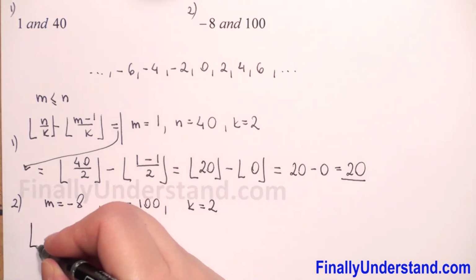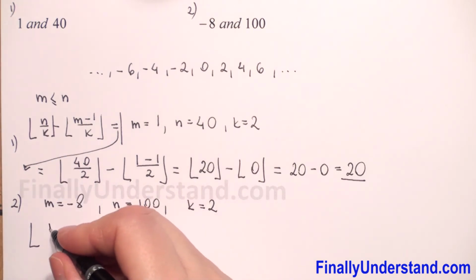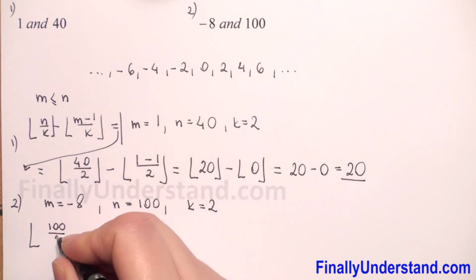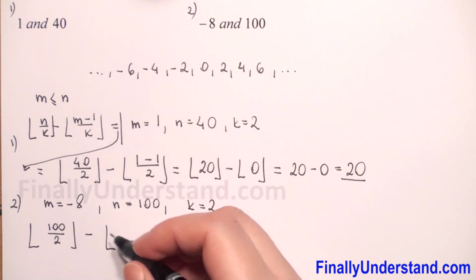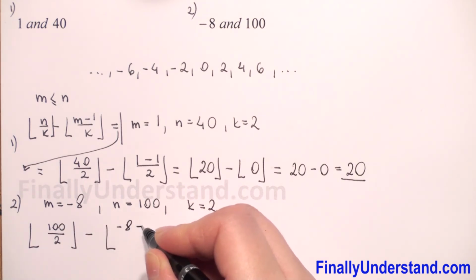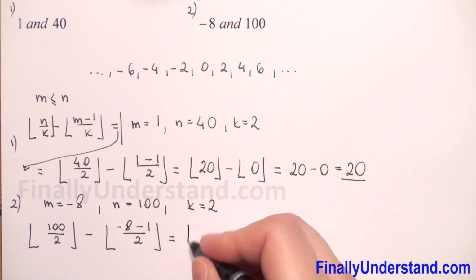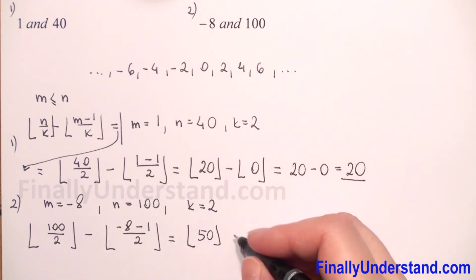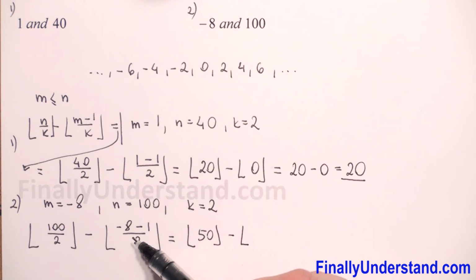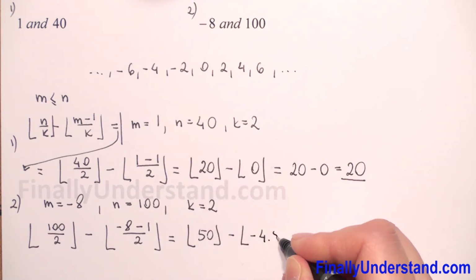So we have floor of n over k, so 100 over 2, minus floor of (m minus 1) over 2, where m is -8. So 100 over 2 is 50, minus floor of (-8 minus 1), which is -9, over 2, which is -4.5.